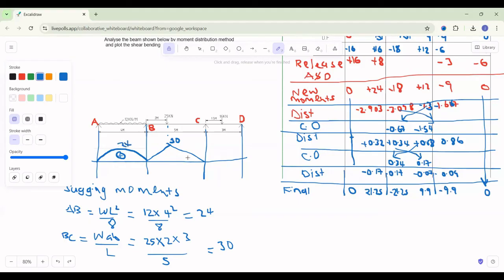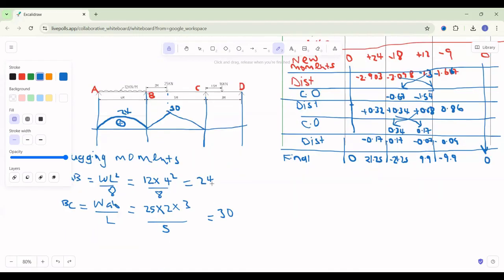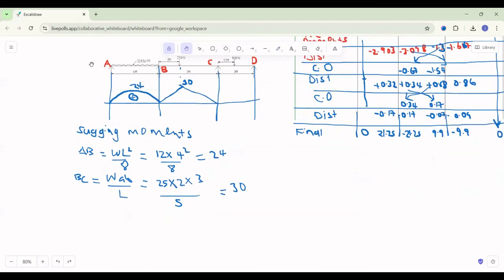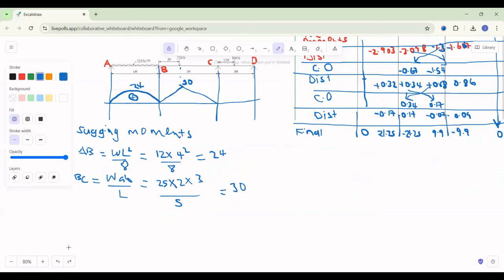And finally, the sagging moment between span CD will be WL all over 4, which is 16 times 3 divided by 4, which will give you 12.